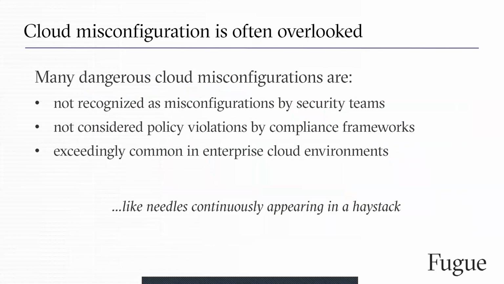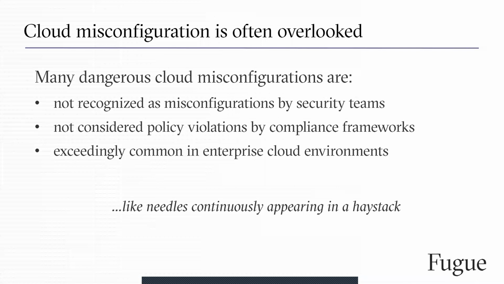So these cloud misconfigurations that expose us to risk are often overlooked, and there are reasons for this. It's because many dangerous cloud misconfigurations are not recognized as misconfigurations by the security teams, because most security teams have been primarily focused on data center era approaches to security, things like securing your network perimeter, watching network traffic, endpoint security, looking for unusual behaviors.